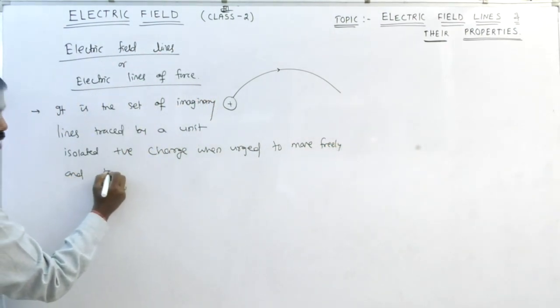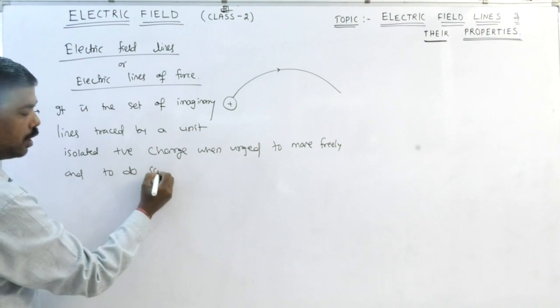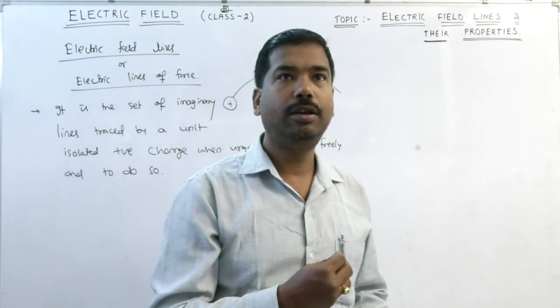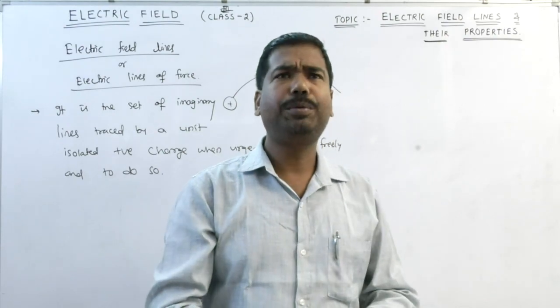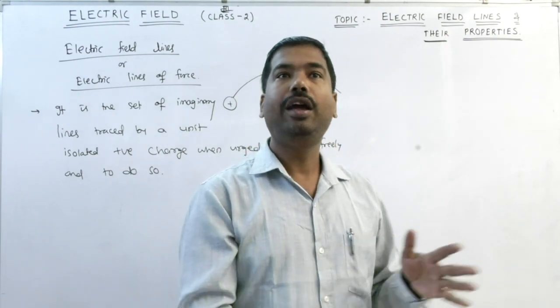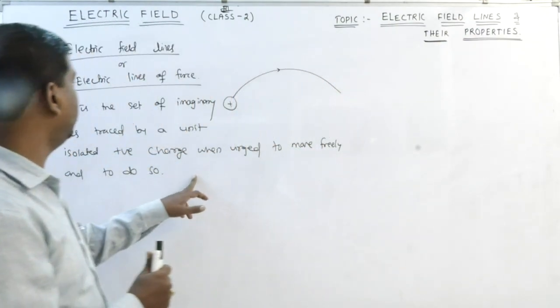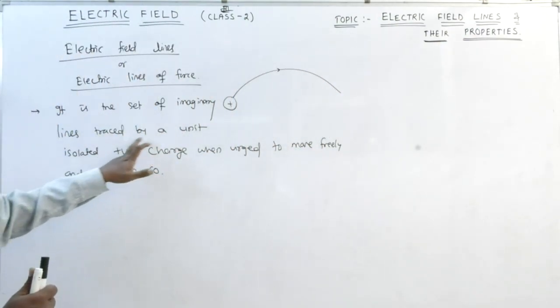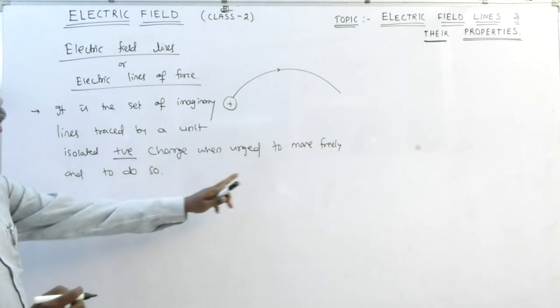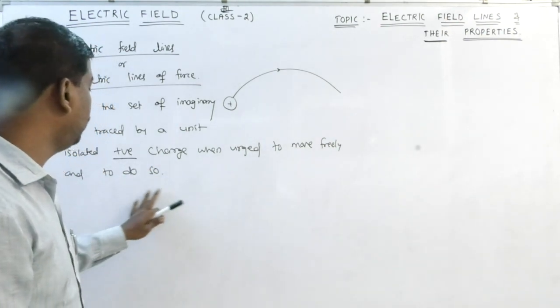When a positive charge is urged freely, obviously the positive charge always moves towards the negative charge or the negative plate. It means it is a set of imaginary lines traced by a unit isolated positive charge when urged to move freely.